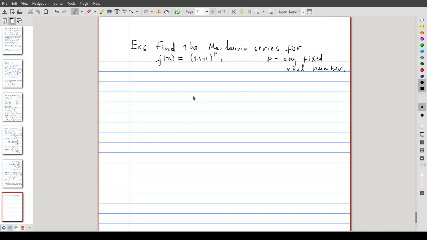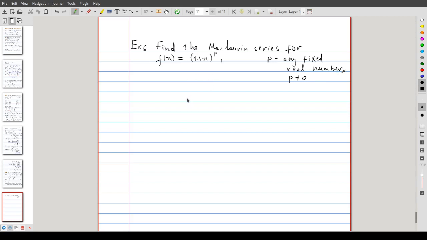Let us assume that p is not 0, otherwise this is a boring function. It is just constant. Let's say p is not 0.